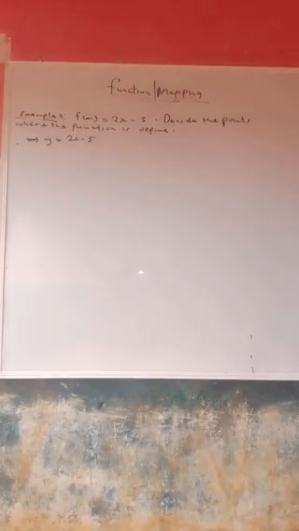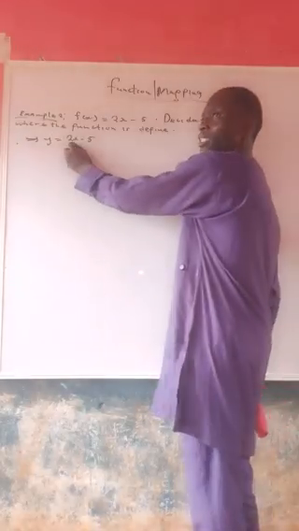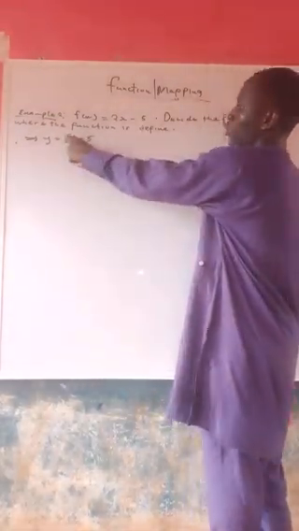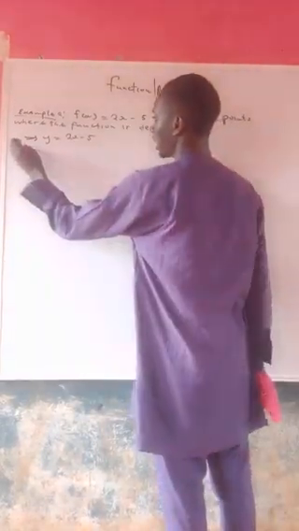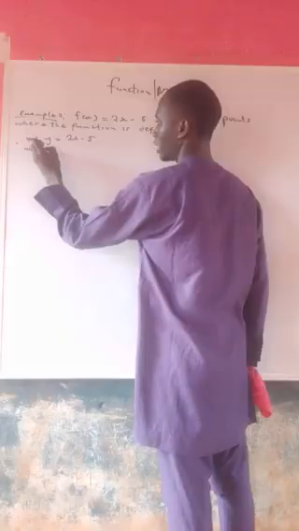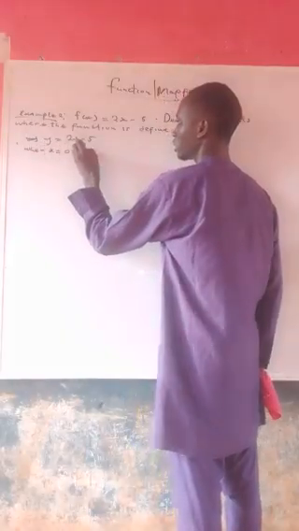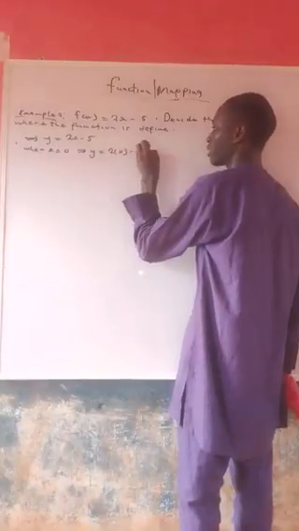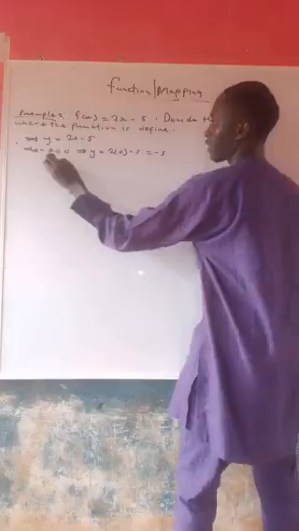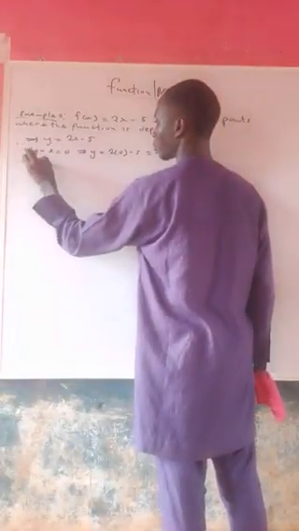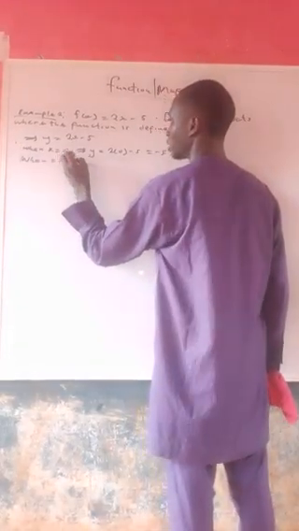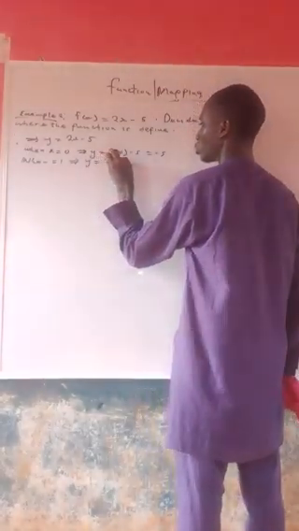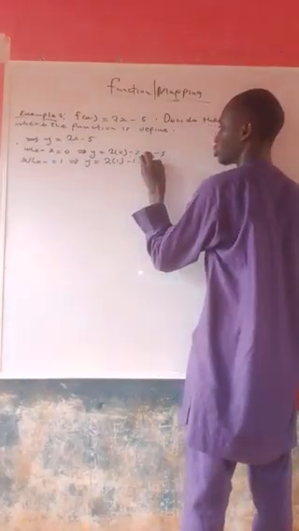Alright. If you input 1, you know 1 is a real number, 0 is a real number. When x equals 0, this implies that y equals 2 into bracket 0 minus 5, which equals negative 5. When x equals 1, this implies that y equals 2 into 1 minus 5, which equals negative 3.